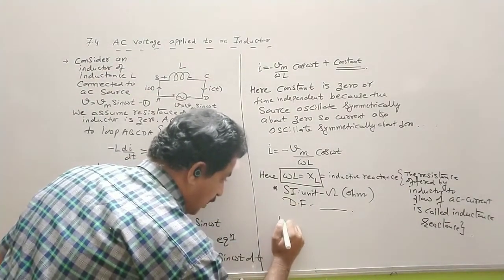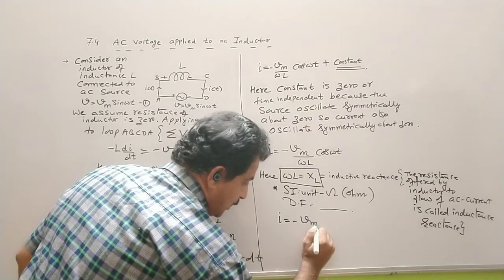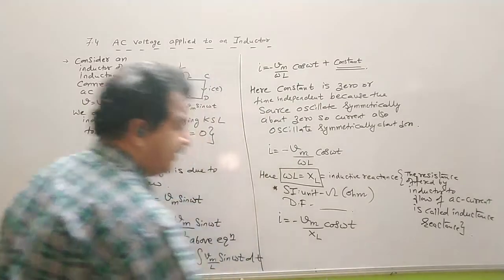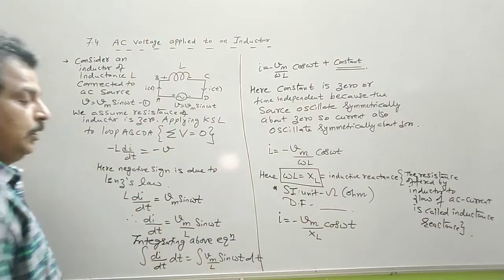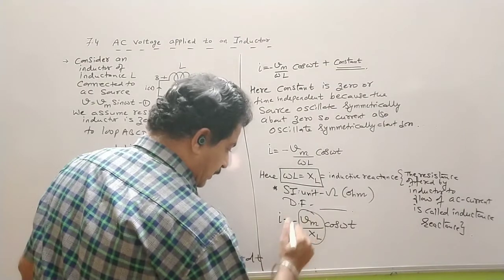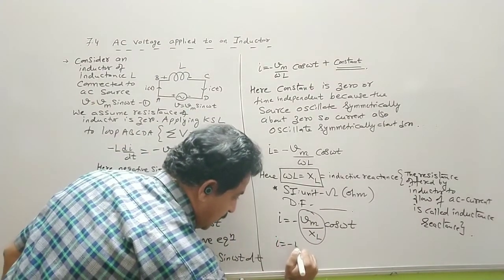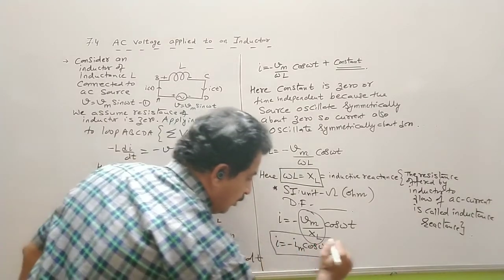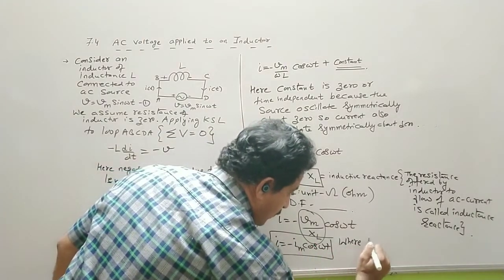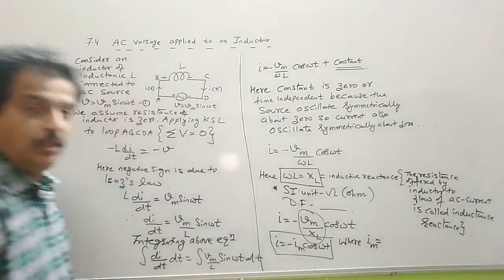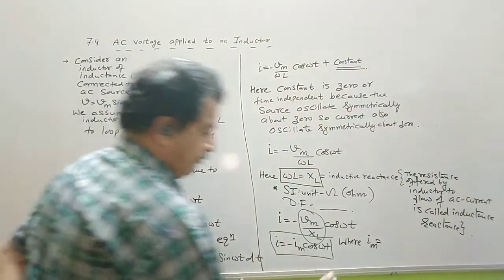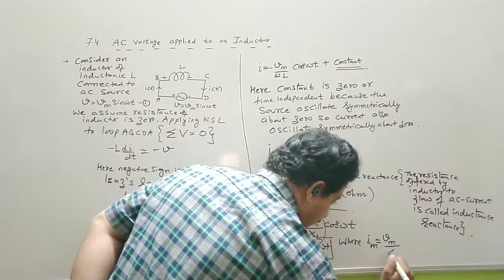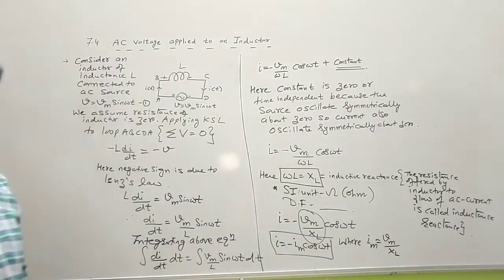So this equation becomes I is equal to minus Vm upon XL cos of omega t. And now this is a constant term. So this is written as minus Im cos of omega t, where Im, similar to Ohm's law, is the peak value of voltage divided by resistance, that is XL.